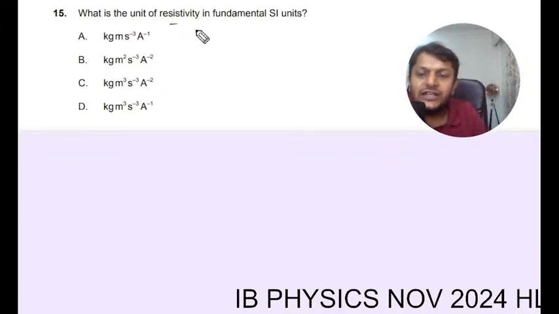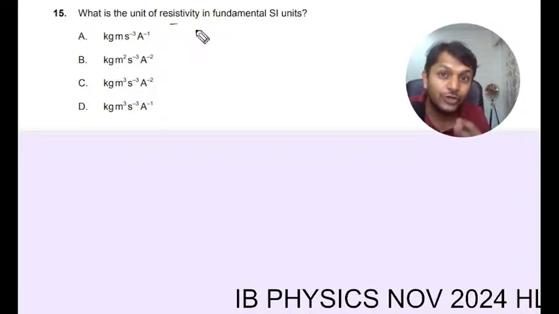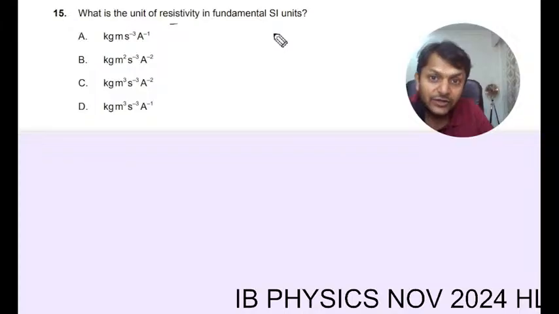Now you want to find the resistivity in the fundamental units. First of all, what are the fundamental units, because that topic is not in your syllabus. There are 7 fundamental units, so let me give you the list of all those 7.